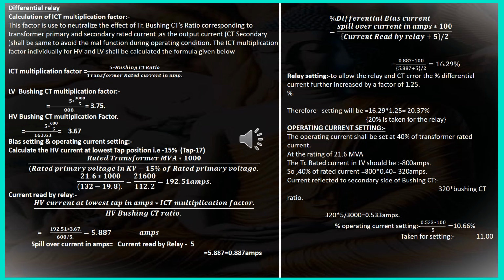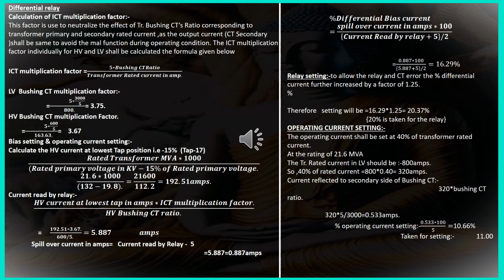The same way we can find it out. Spillover current in amperes will be current read by relay minus 5. So what is the difference? The difference is 5.887 minus 5 is equal to 0.887 ampere. Percentage differential bias current is spillover current in amperes into 100, as it is percentage, so it will be multiplied by 100, divided by current read by relay plus 5, then average.